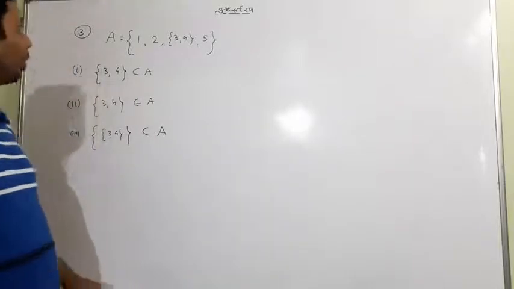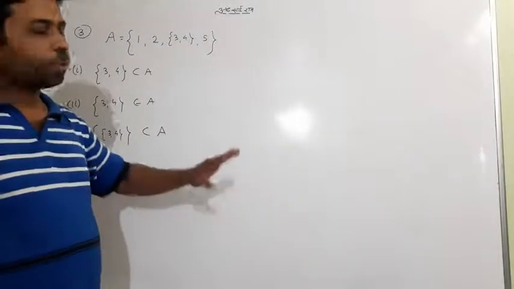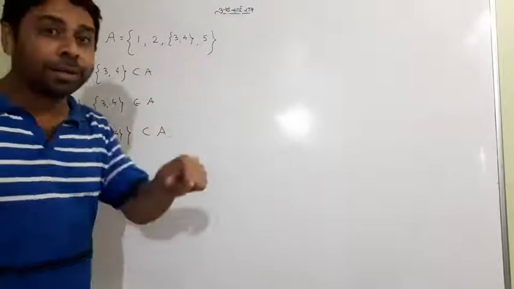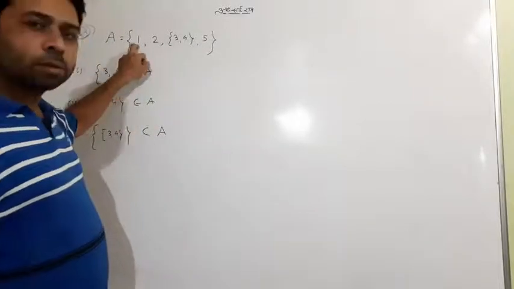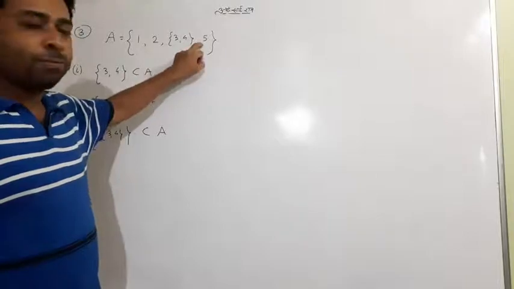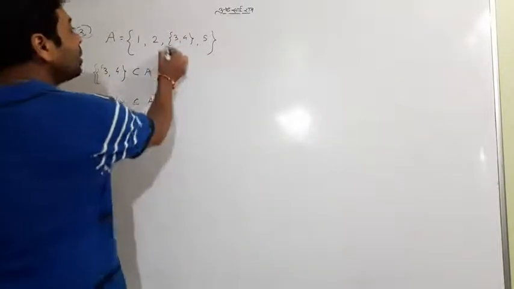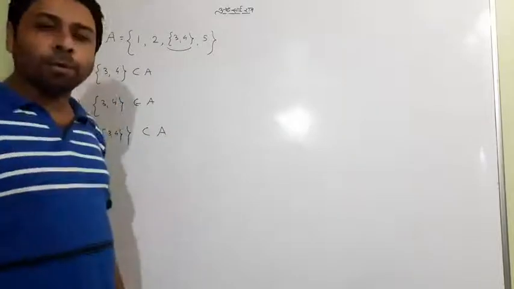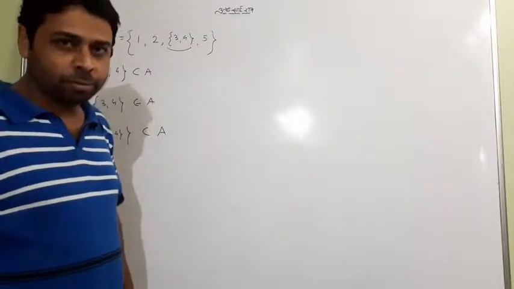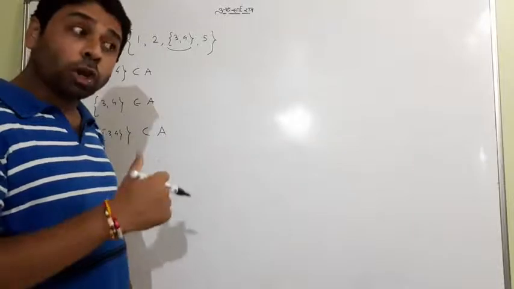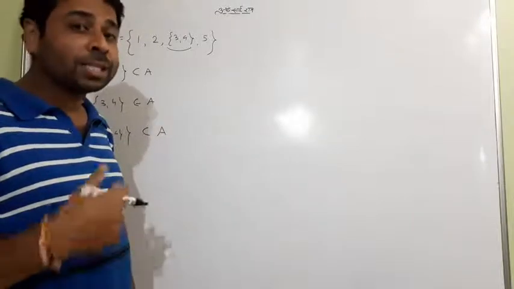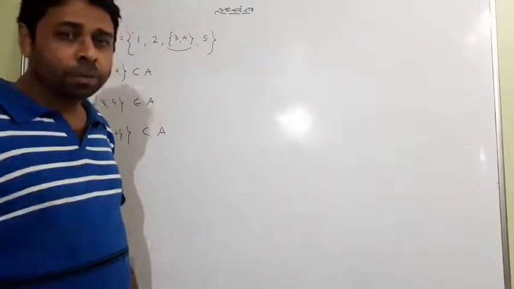Now look, very good. First I ask you one thing: how many elements are there? Elements 1, 2, 5 and {3, 4} within the set. So this is nothing else, even though it is in the form of a set, it is an element. When we talk about an element of the set, we have to use the belongs to sign.